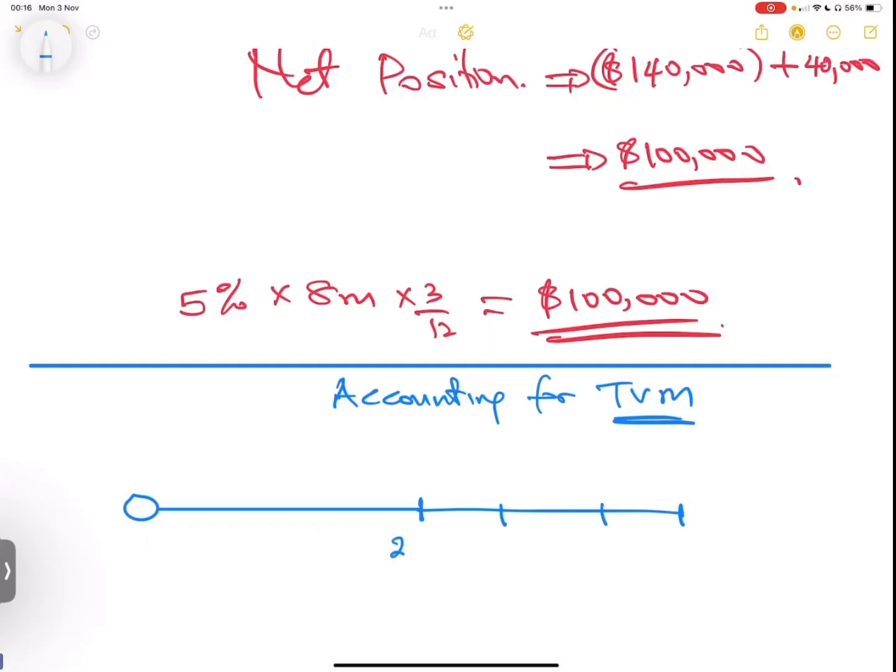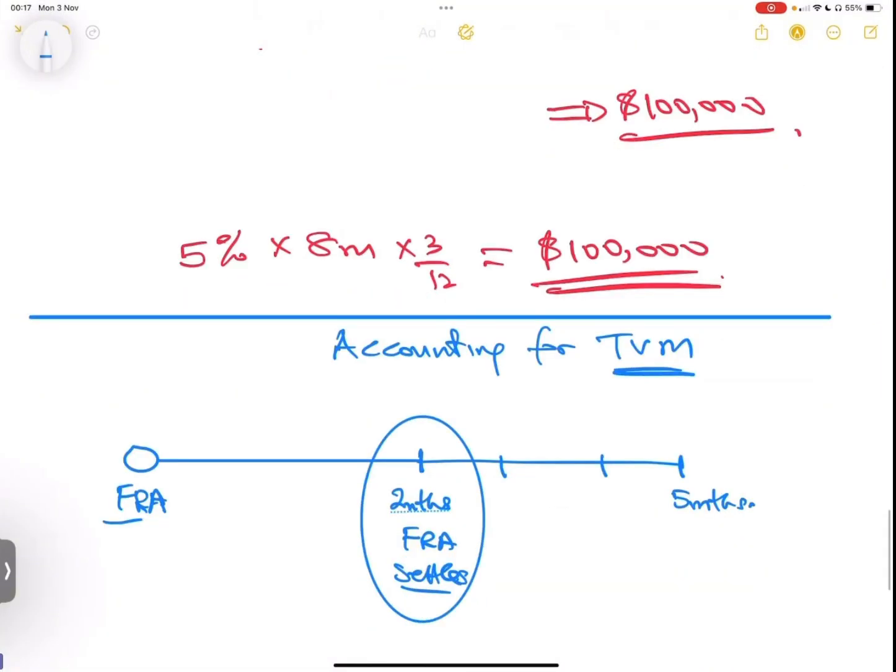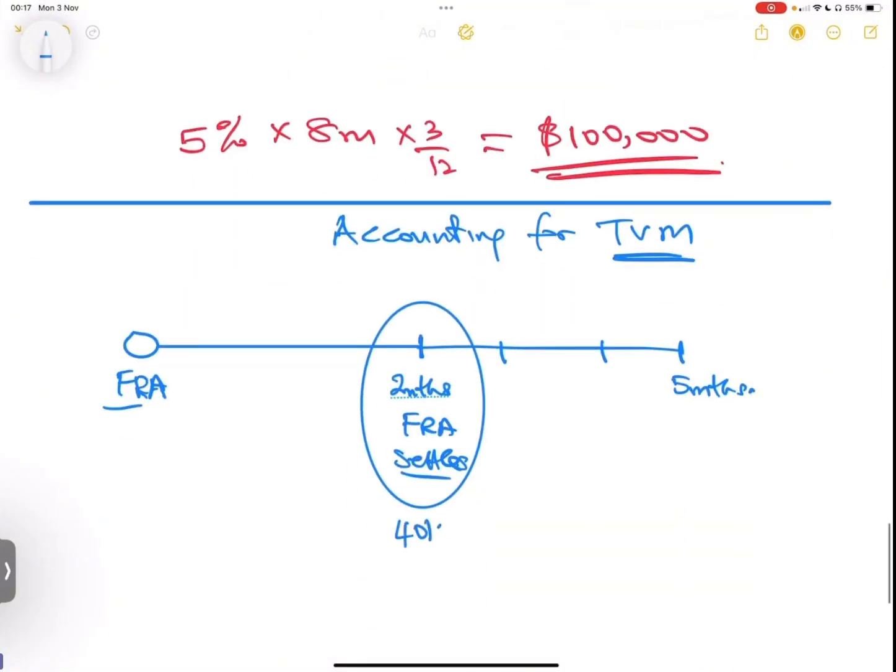So this is 2 months and this is 5 months. When we entered into FRA today, we settle this FRA at this point, because we must settle FRA when we go into the real transaction itself. This is when we discover that our profit is 40,000, because the net profit that we made on FRA is 40,000 gain.